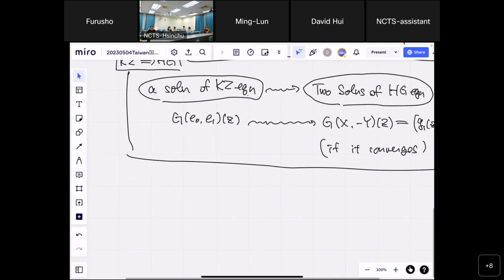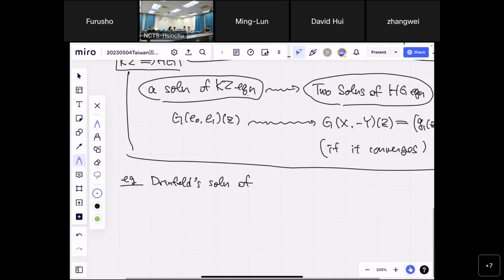The case which I'm interested in most is solutions constructed by Drinfeld. There's a nice solution.